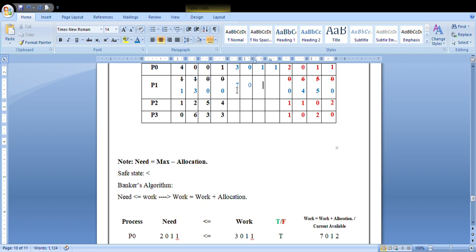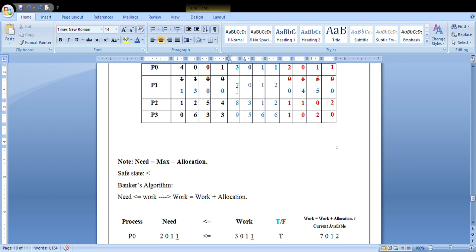Seven zero one two. Next, what is the next value? 8312. What is the next one? 9566.